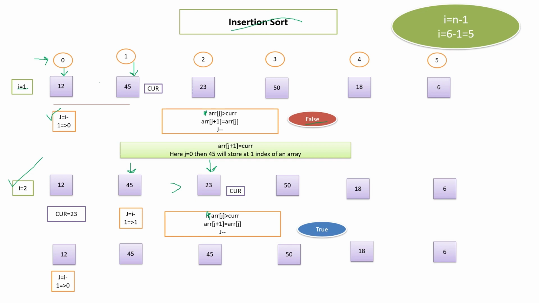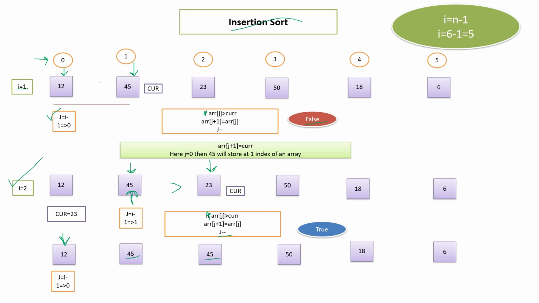It means that our 45 will be placed here, and it remains 45 because we didn't change the index at j. So no changes occur here, and we decrement j by 1, and j will be at the 0th indexed element.